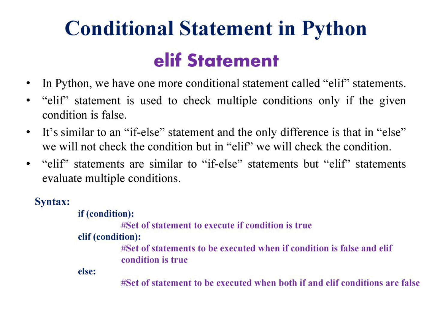Syntax of the elif statement: if, open brace, condition, close brace, then the set of statements to execute if the condition is true. Elif, open brace, then put the condition, and the set of statements to be executed when the if condition is false and elif is true.